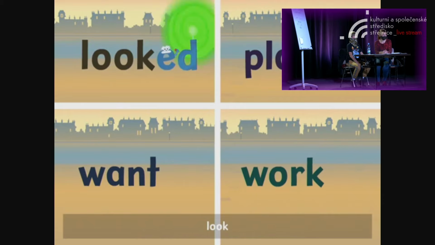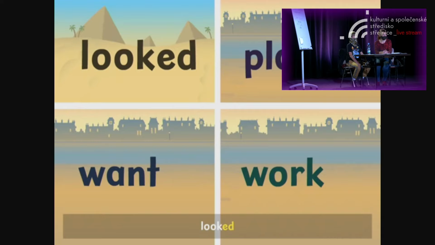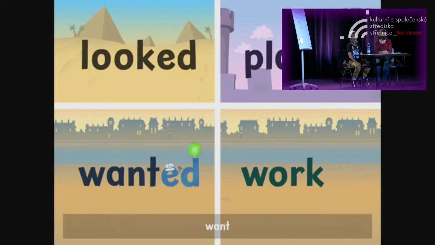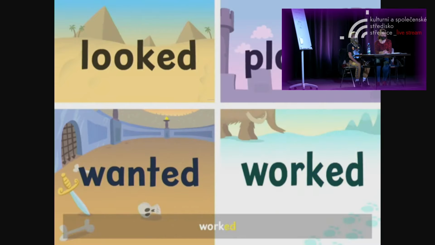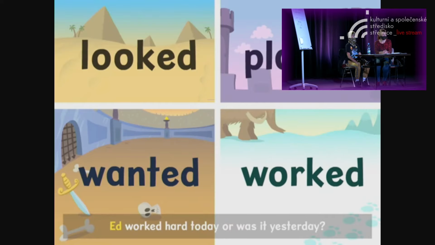Look. Looked. Play. Played. Want. Wanted. Work. Worked. Ed worked hard today. Or was it yesterday? If you need to send a verb into the past, remember to use ed, add, on the end of the word.